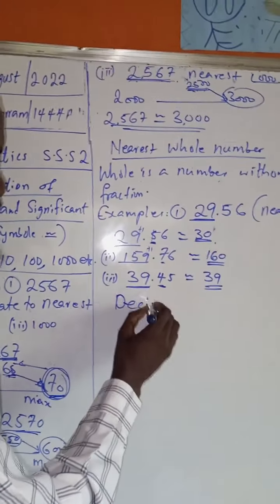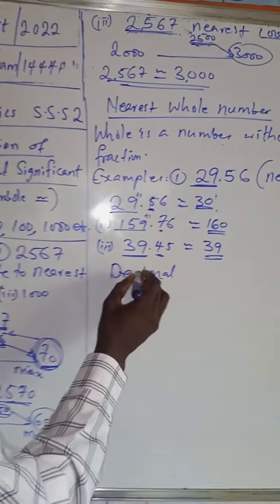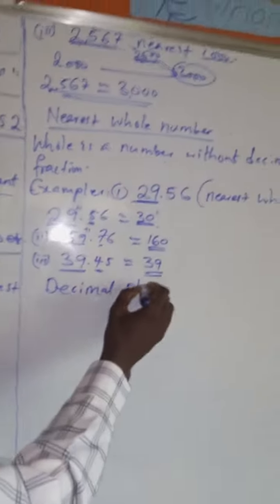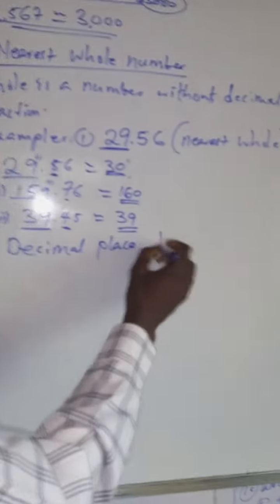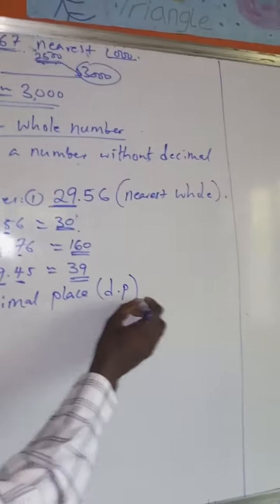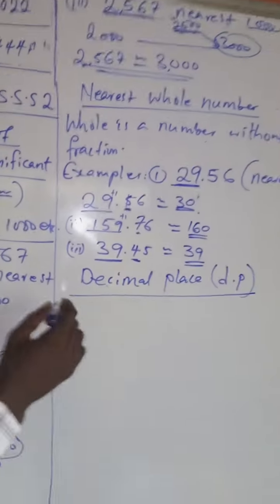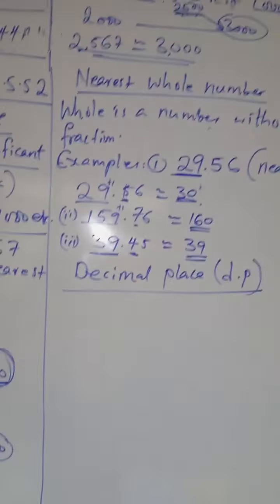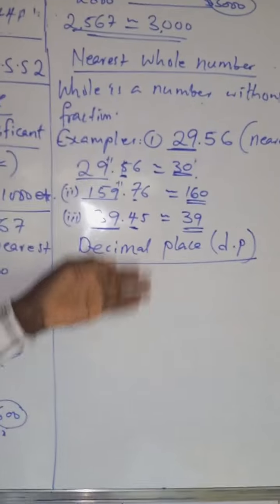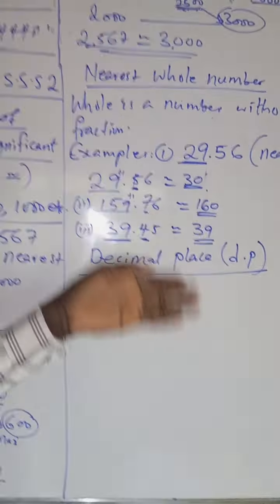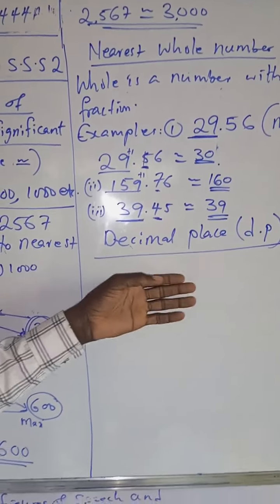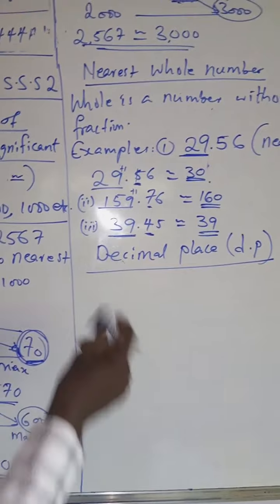Decimal place is denoted with DP. DP, what does it mean? Decimal place. Now, decimal place is the opposite of whole number. This is the number after the decimal point.